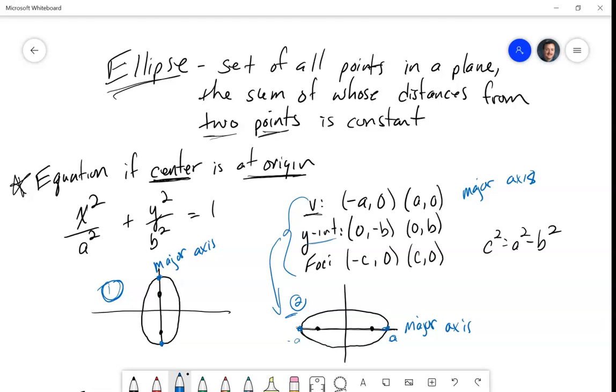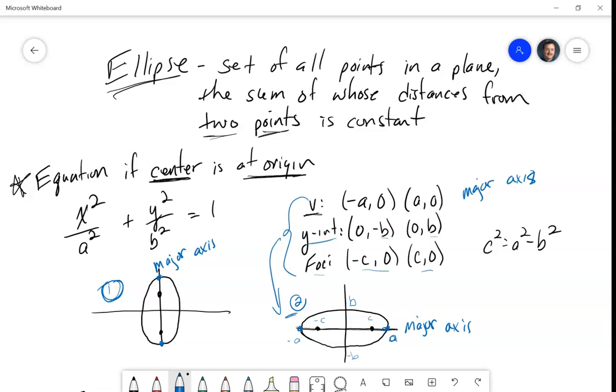And my y-intercepts, which are the other pieces, would be positive B up here and negative B down here. So that's why you see these on the y pieces. Now, the two focus points are this distance, negative C and positive C, in this situation.